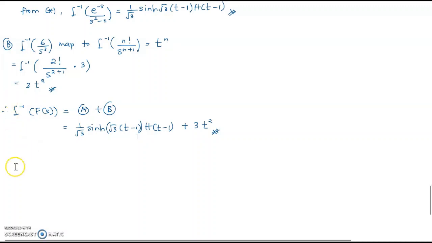Okay, so we will look at another example. For problem 2, we have G(s) equals 8 plus the fraction over there. Find the inverse Laplace transform given the function G(s).